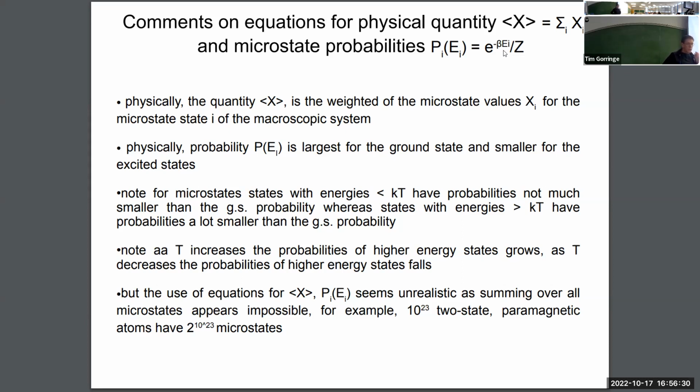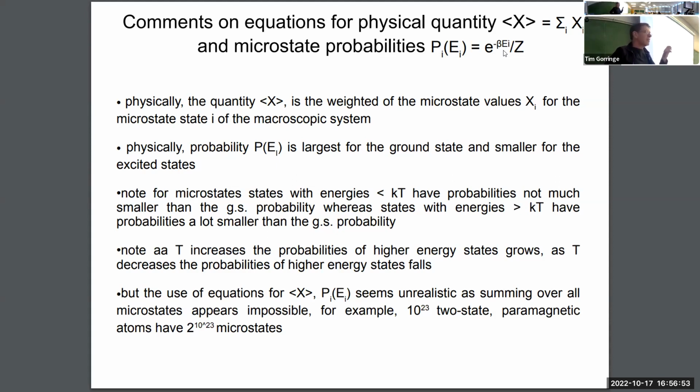It also tells you that maybe a good reference point is kT. So if there are states where the energies are, say, less than kT, well, they don't get weighted as much as the ground state, but they get weighted pretty similarly to the ground state because it's e to the minus a number that's less than 1.